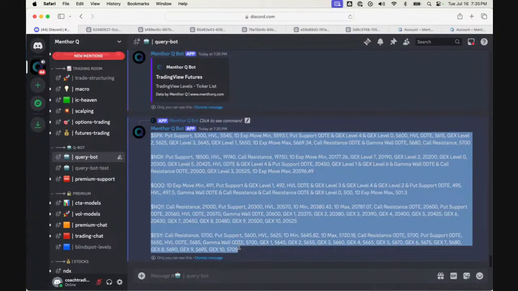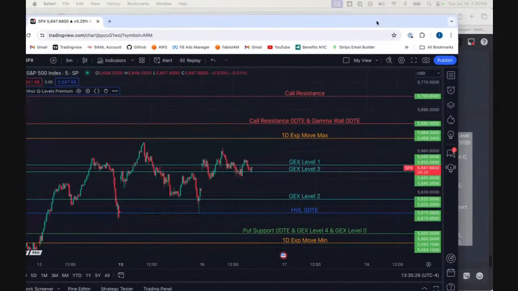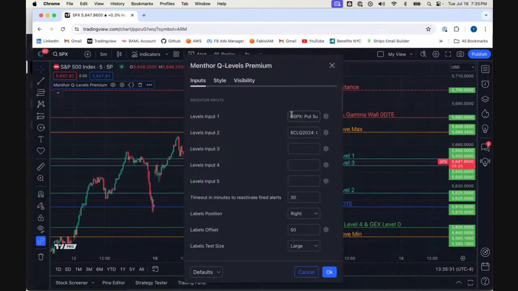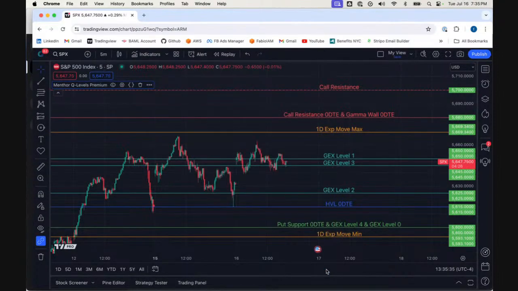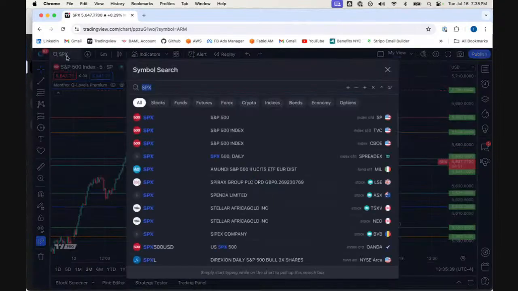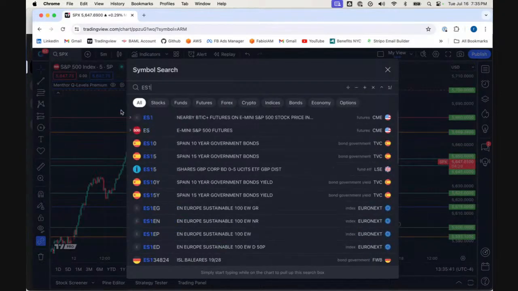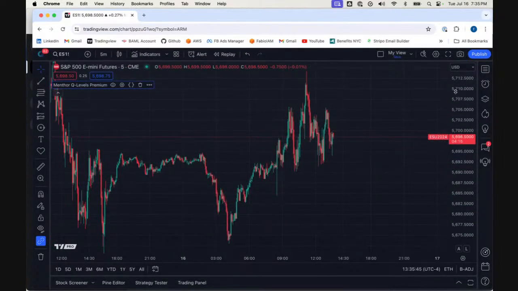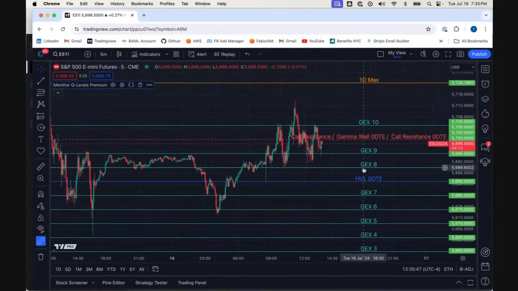So I can copy this text, and I can now come here, and I can go back to my indicator, and I can now replace this. So now we are basically plotting the levels of SPX but we also have the levels of ES. So this is the futures level. So if we go on ES, we now have the futures levels right here.